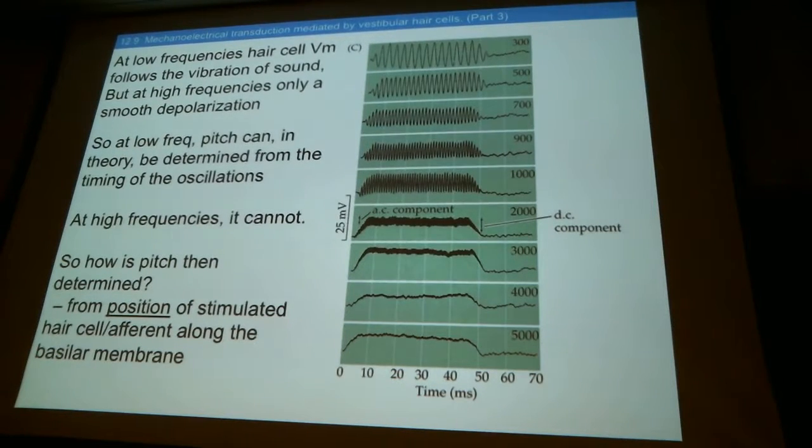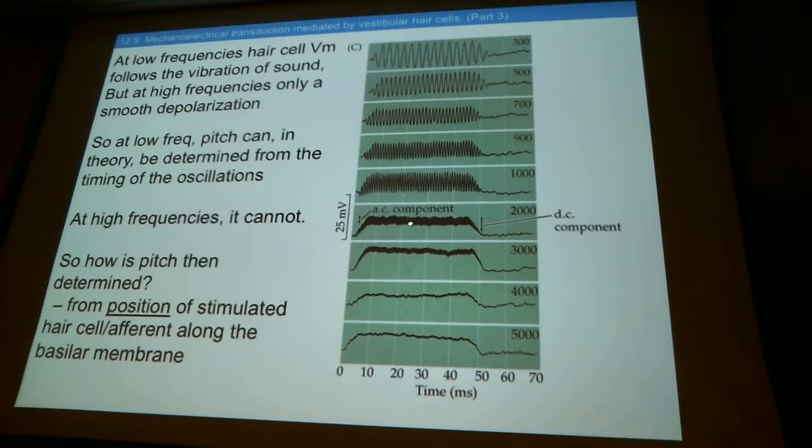So it's interesting because it means that at relatively low frequencies, you can use that oscillation of the hair cell as an indicator of what frequency is being played, or what frequency it's responding to. Okay. And at higher frequencies, the hair cells that are sitting on the higher frequency end of the basilar membrane, all they can tell you is that they've been activated.